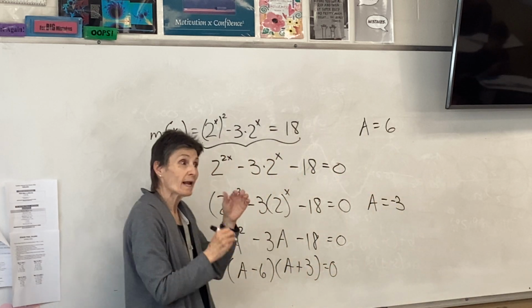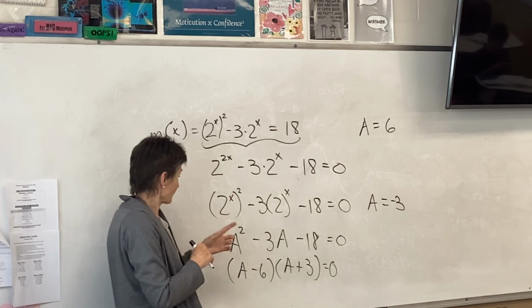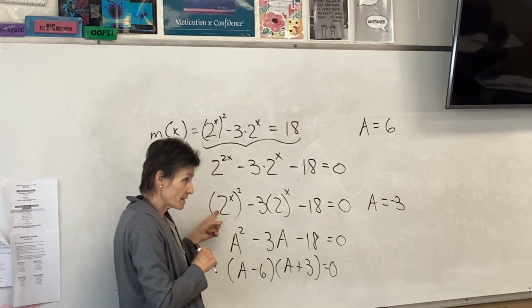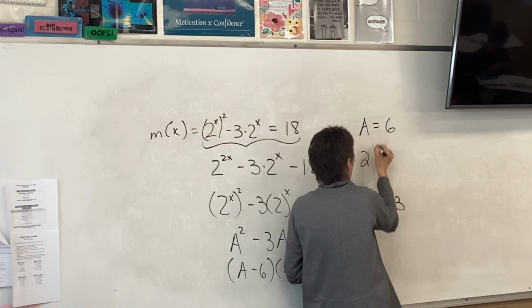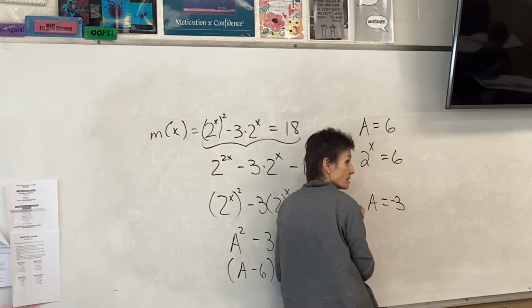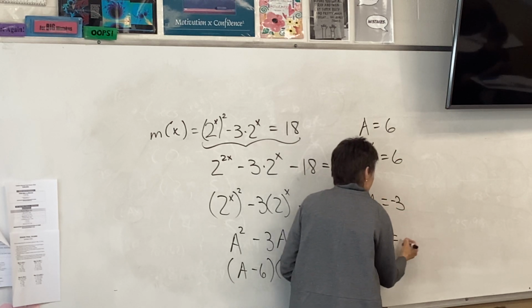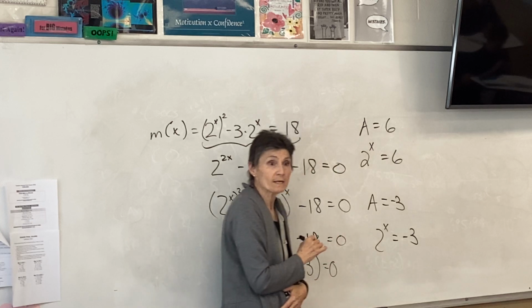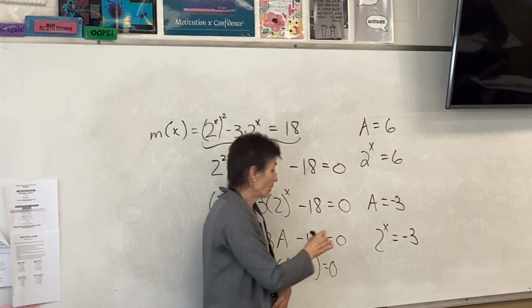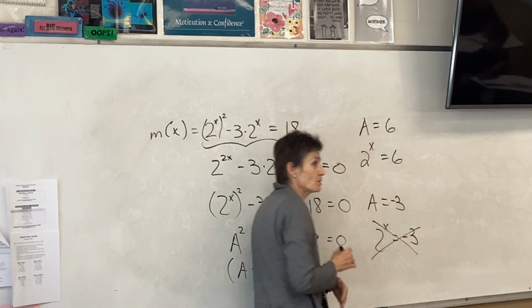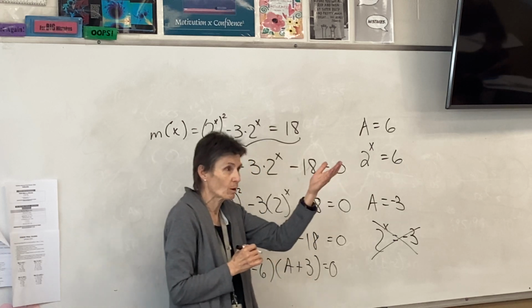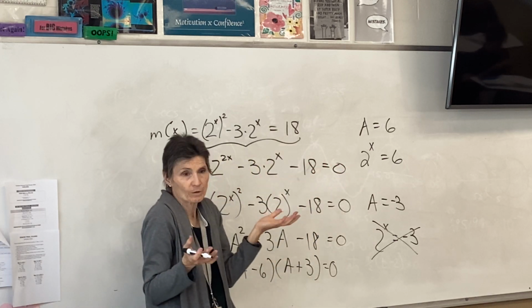Now, what did I let a stand for? 2 to the x. So 2 to the x equals 6 or 2 to the x equals negative 3? Well, this one's not possible because you can't raise 2 to a power and get a negative number. Agreed?